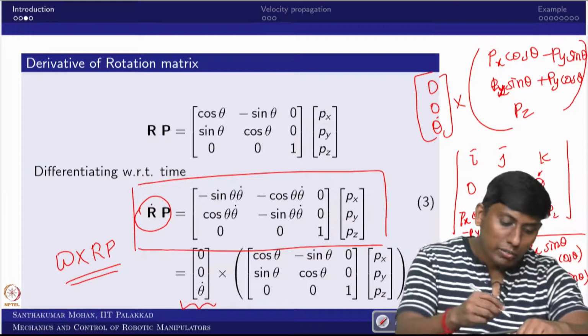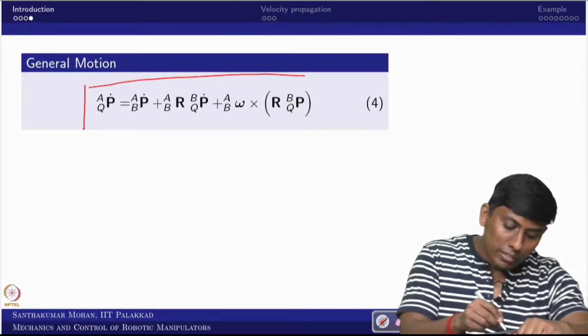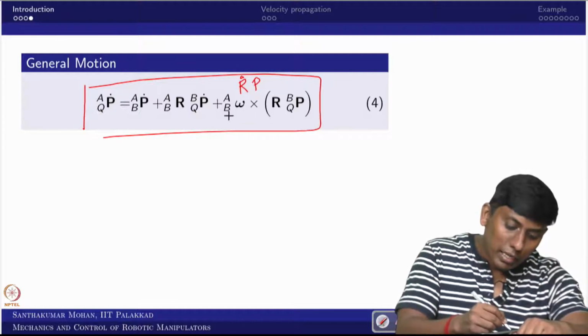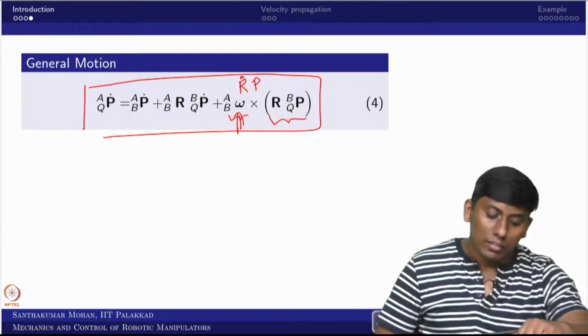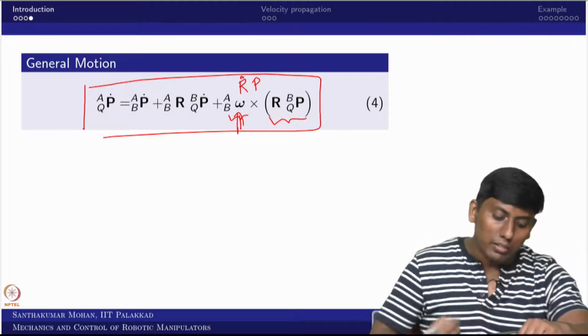That is what we are trying to find. So the previous equation where r dot p I have written as omega, which is the angular velocity vector, multiplied with r p. So this is one such case.